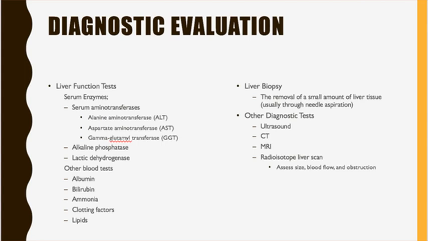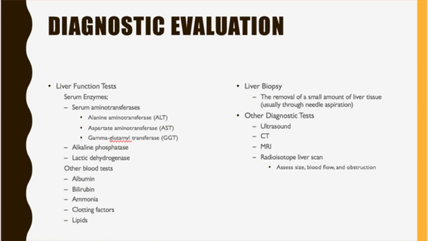All right, so the first one up is your liver function test. There's a couple serum enzymes called your serum aminotransferases. They're a pretty sensitive indicator of injury to the liver cells and are very good at detecting acute liver disorders. So the first one you have is ALT. Your ALT increases primarily in liver disorders.